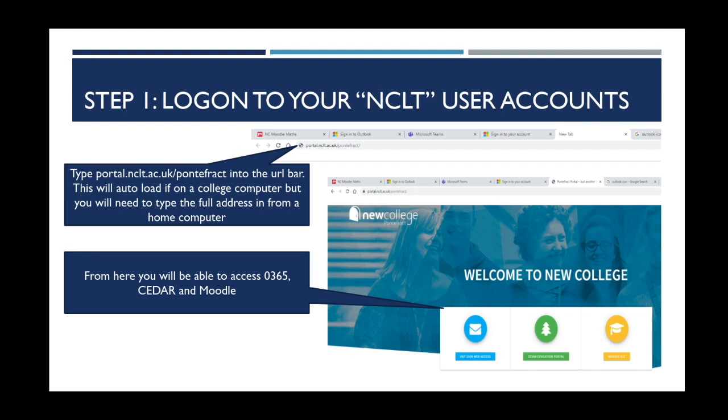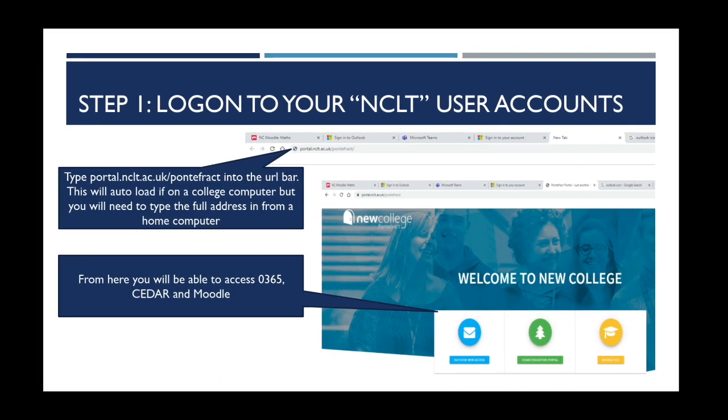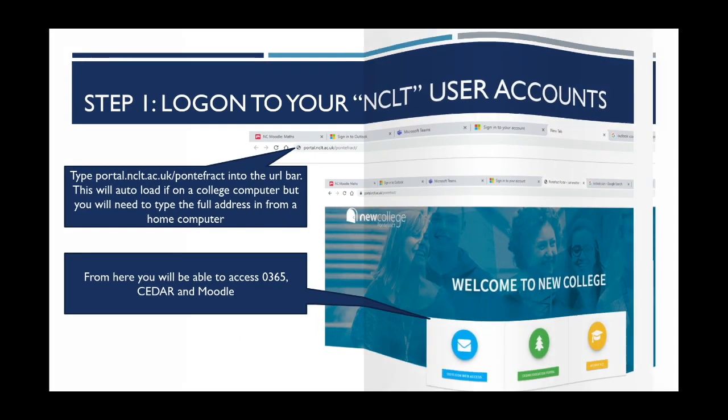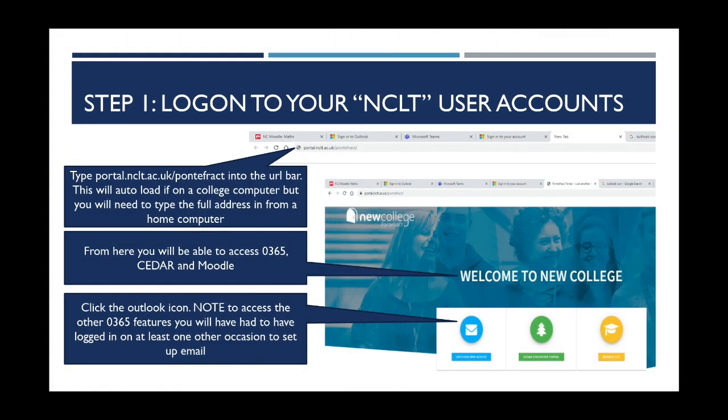The option that we want you to select today for Teams is the Outlook icon. So as I've already referred to, in order to have access to Outlook and your email, you will have needed to have logged on at least one other occasion.